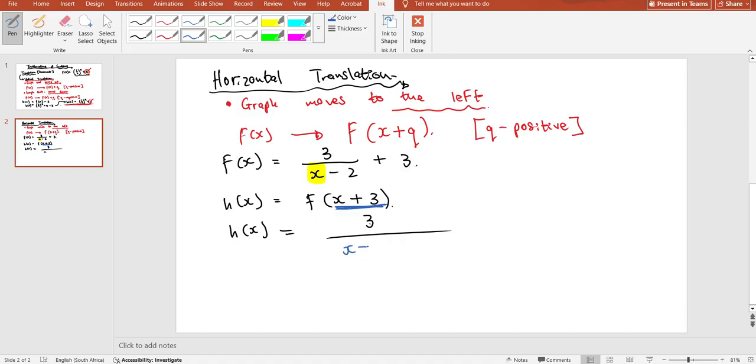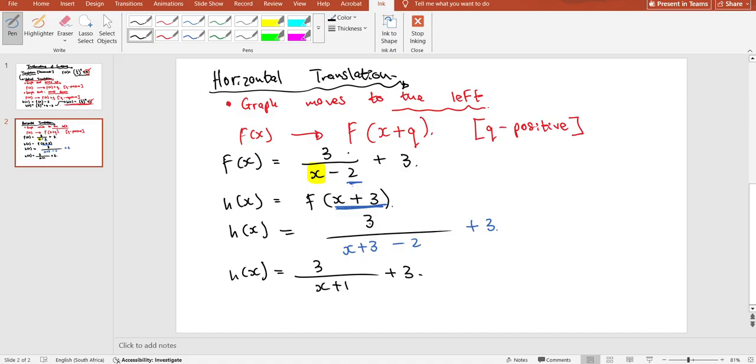So this is my x plus a 3. I still have my -2 there, and I still have my +3 there. Then you can do your like terms, and when you do, the final equation will look like 3 over x plus 1, with the +3.